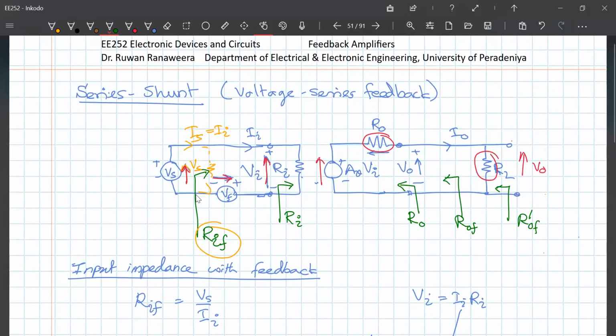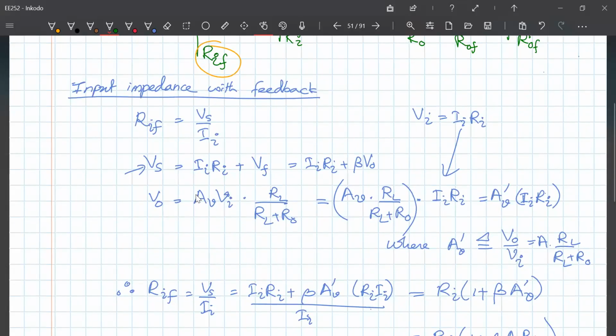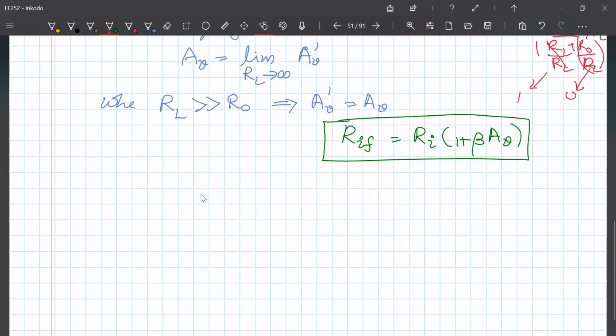So therefore, this will be the same expression for the transconductance amplifier as well. Okay, let me write that also.